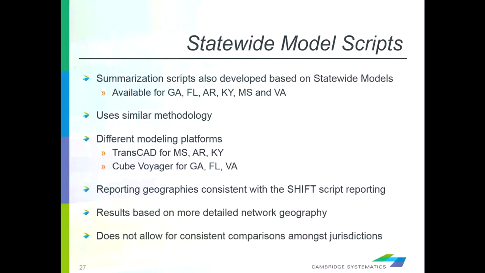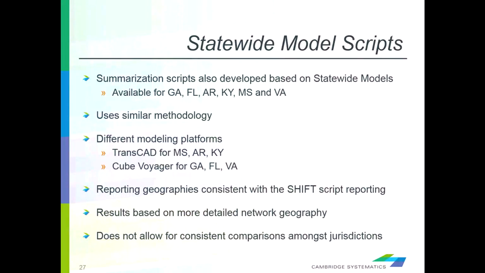Six of the states have statewide models mentioned here. Three of them use TransCAD and three use Cube, which are different modeling application platforms, so the methodology is a bit different between the two to produce the scripts and the output DBF files.